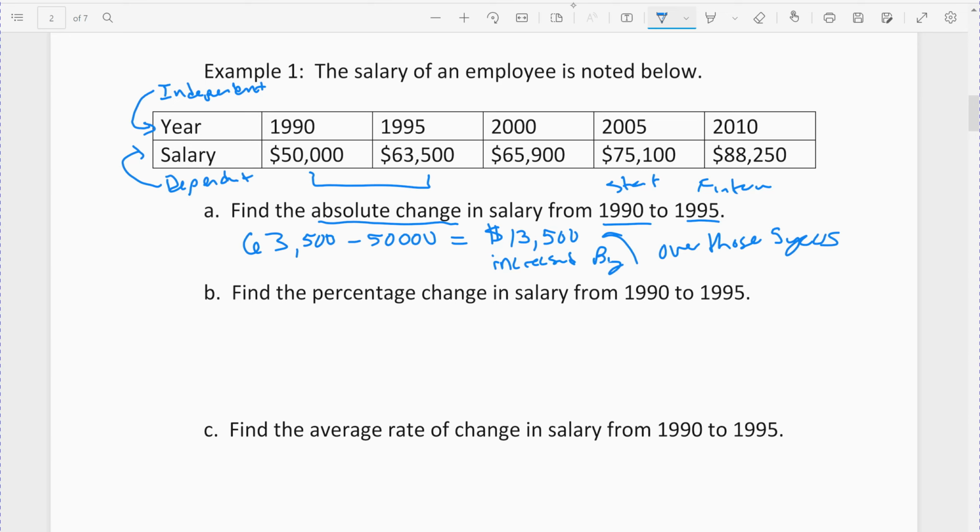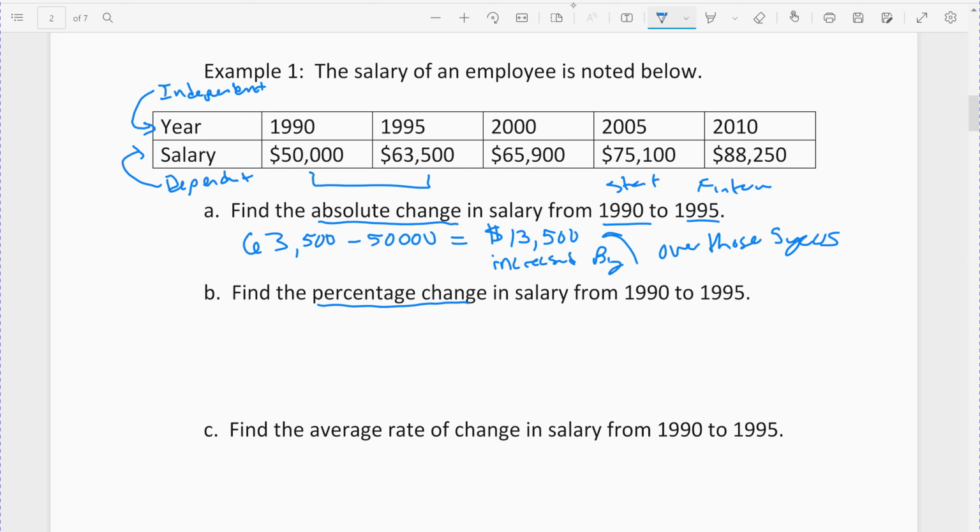Find the percent change over those same years. How much did it grow in percentage? We knew exactly how much it grew, and the percentage is based on your starting year. How much more money did we make in 1995 based on the 1990 salary?